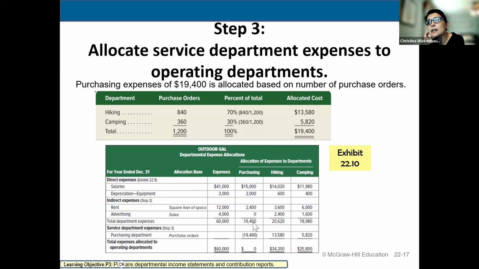So that 19,400 that they were allocated is going to get split between hiking and camping so that it zeroes this out, because for any of your cost centers, all of their costs have to be allocated to a profit center so that we can tell if we're making money or not. And so once it's allocated and it's based on purchase orders, then we have our totals, and these two added together will equal our total expenses here.